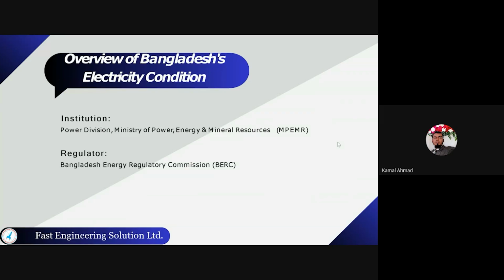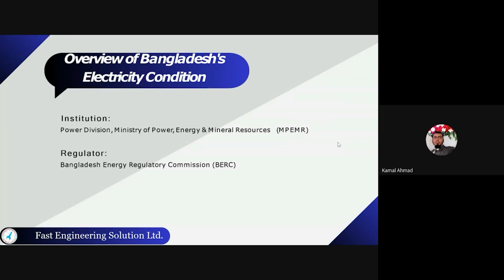From my part, I will start and cover an overview of Bangladesh's current power condition and the institutional structure of Bangladesh. Our Bangladesh Power Division is under the Ministry of Power, Energy and Mineral Resources, and the Power Division and the Energy Price Regulation Commission is the Bangladesh Energy Regulatory Commission.